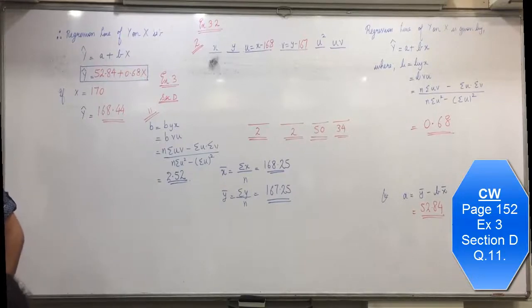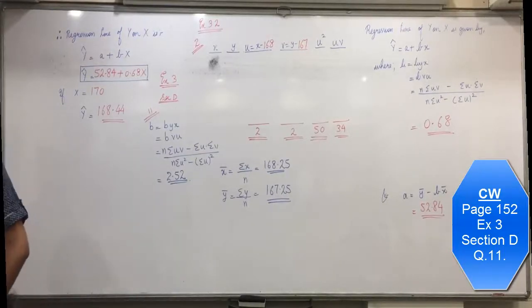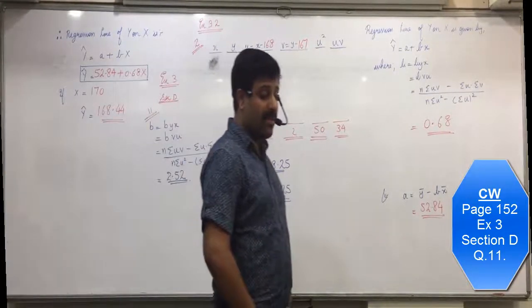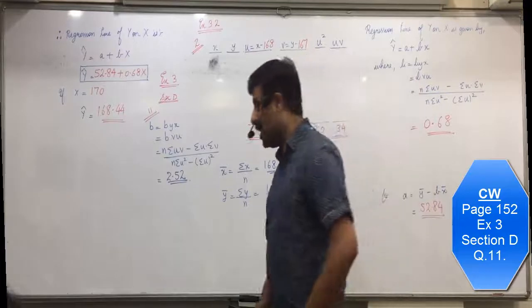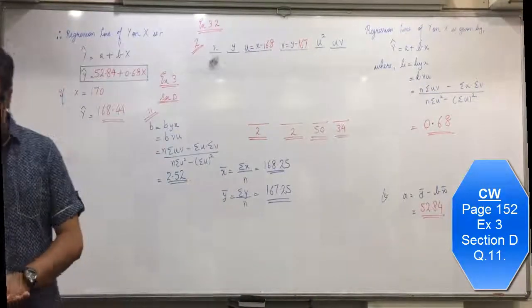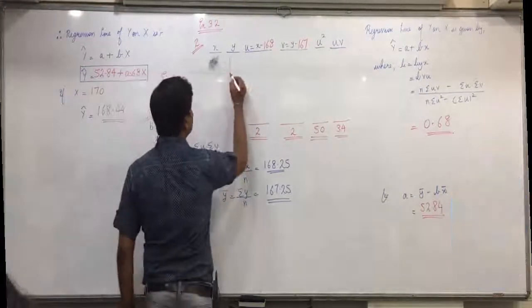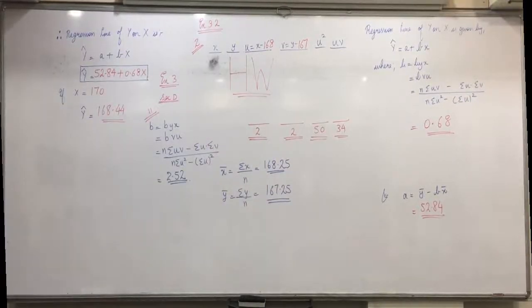B equals 2.52 indicates that if x value increases by 1 unit, then y value will increase by 2.52 units. Understood that? Yes.